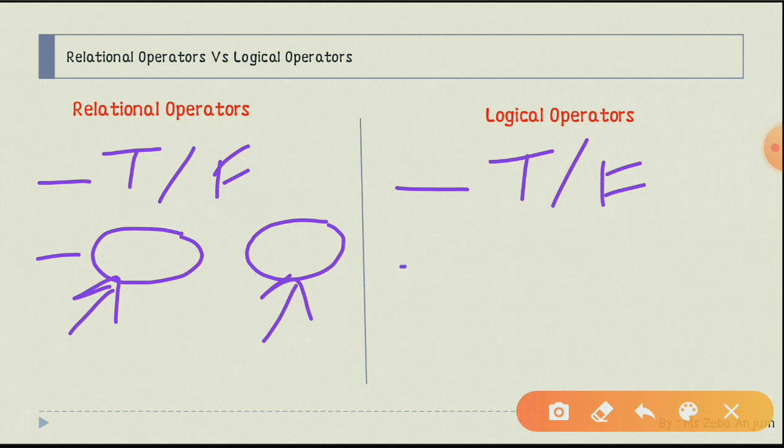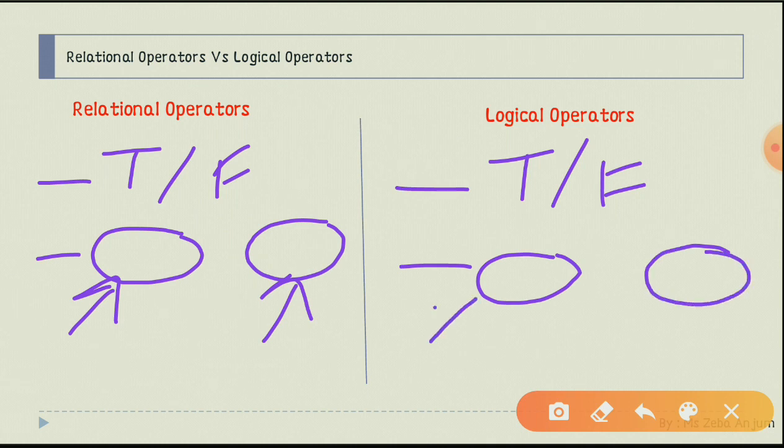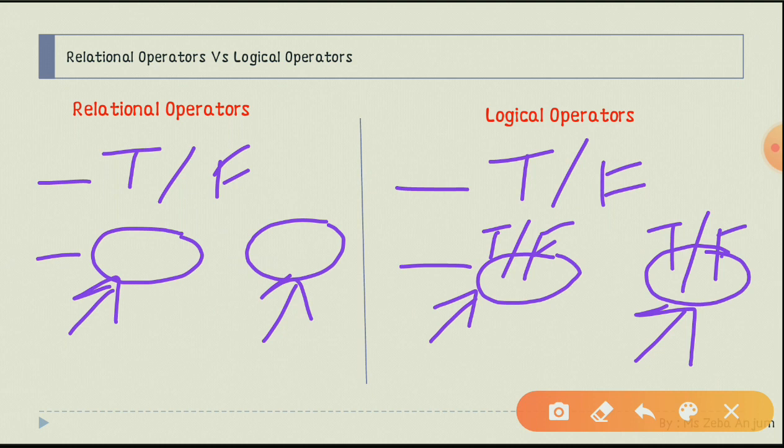But in logical operators, when we talk about the left hand side as well as the right hand side expression, then these should be your relational expressions. Or you can say on the left hand side you must have the value either true or false, and on the right hand side also you must have the value as true or false. Then only your logical operator will be applied between those two conditions. And for relational operators, you should have some mathematical expression.